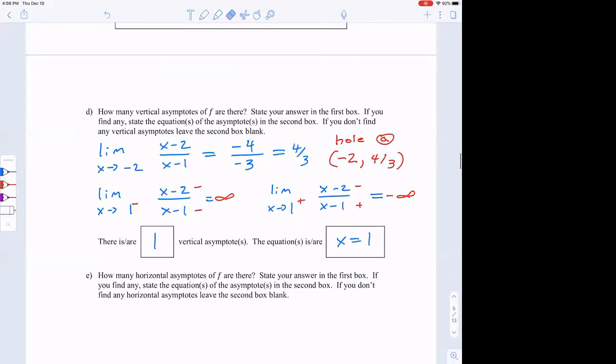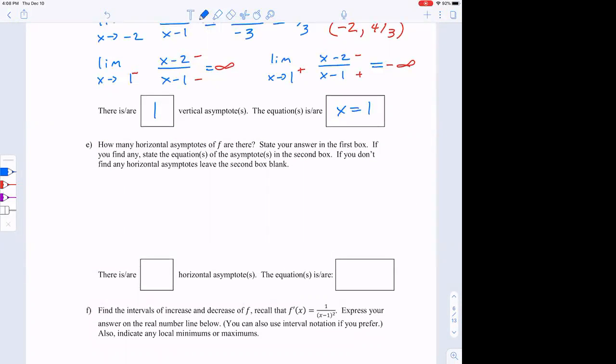Okay, so on to horizontal asymptotes. So this time we're looking for a limit as x approaches plus or minus infinity. We want to know what's going on at those extremes. And I'm going to, again, plug in my function.